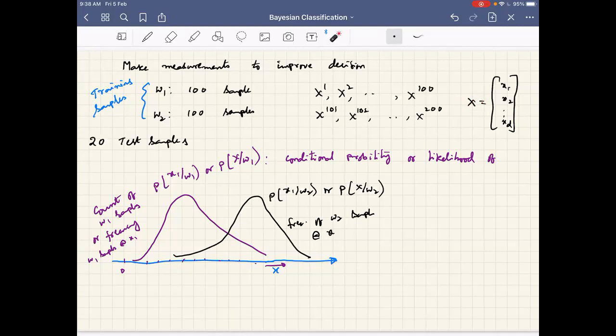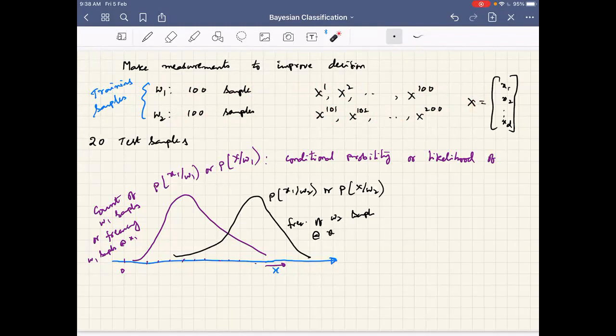Sir, I was confused because in the second row you wrote x101, x102, and so on. Are they also features? Are there 200 features in total, or do they correspond to the second class? These are samples. We have 200 samples in total. Among them, 100 samples are from class 1 and 100 samples are from class 2.